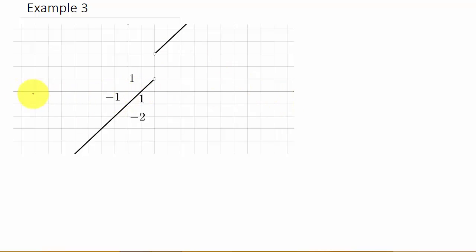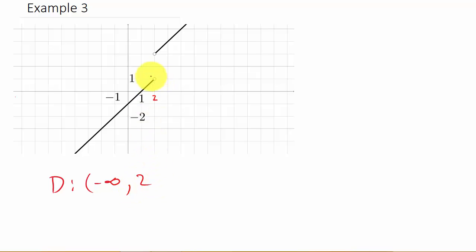If it's going to the left forever, it's starting at negative infinity. The graph comes along here, hitting all of these x values, and then it stops right here at positive 2. So it's going from negative infinity to positive 2.